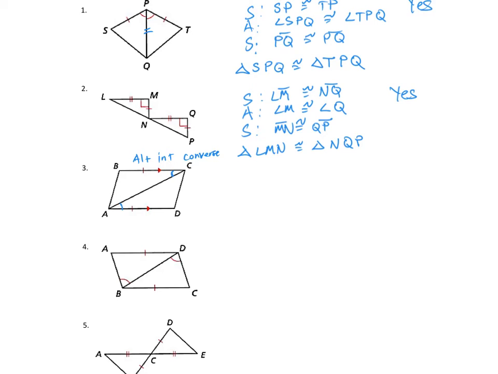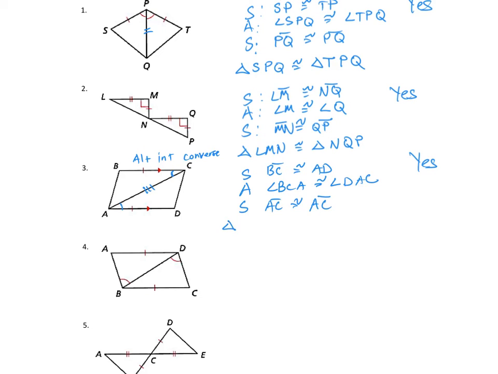We have a reflexive using our reflexive on that second side. So side angle side, we can say BC is congruent to AD. Angle BCA is congruent to angle DAC, and AC is congruent to AC is a big ol' yes.